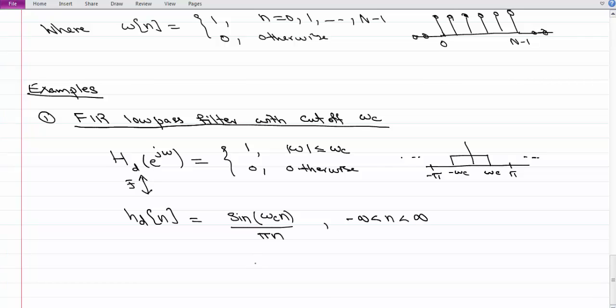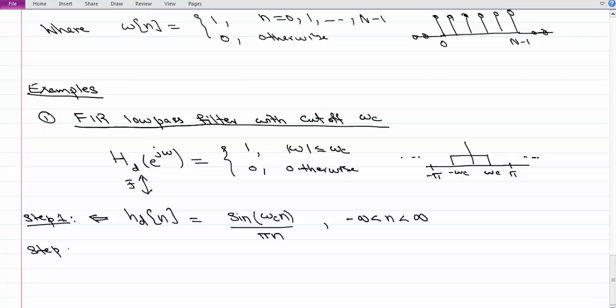So this is the classical case where we are dealing with a filter whose impulse response is infinite. We really want to design a finite impulse response filter. Well, if we just follow the steps, so this is just step 1 that we talked about.